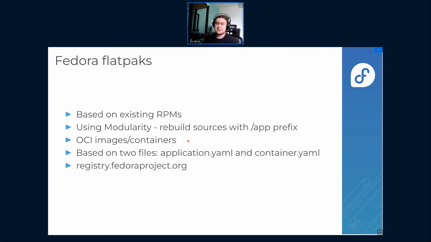But it had some disadvantages, like, for example, with FlatHub applications, you could use Delta updates. It was a problem with OCI images, but I think it is already resolved, and you can use Delta updates with OCI images as well.